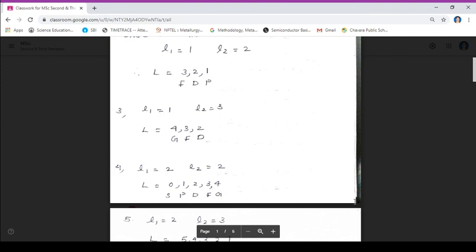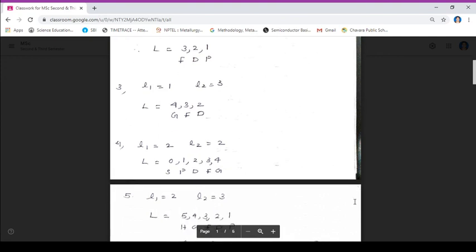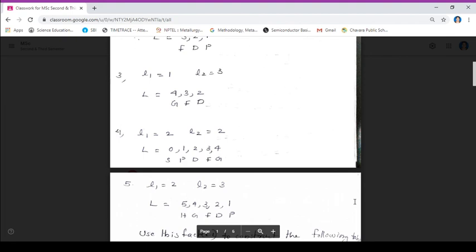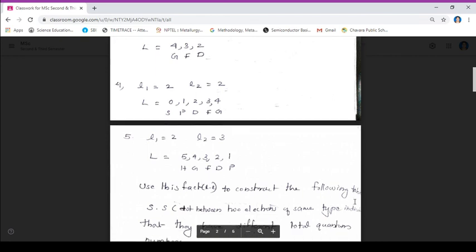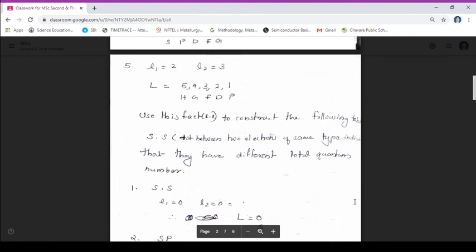That means S, P, D, F, G. These are the possible states. Similarly, for L1 equal to 2 and L2 equal to 3, L will have the values 5, 4, 3, 2, 1, so the states are H, G, F, D, P.